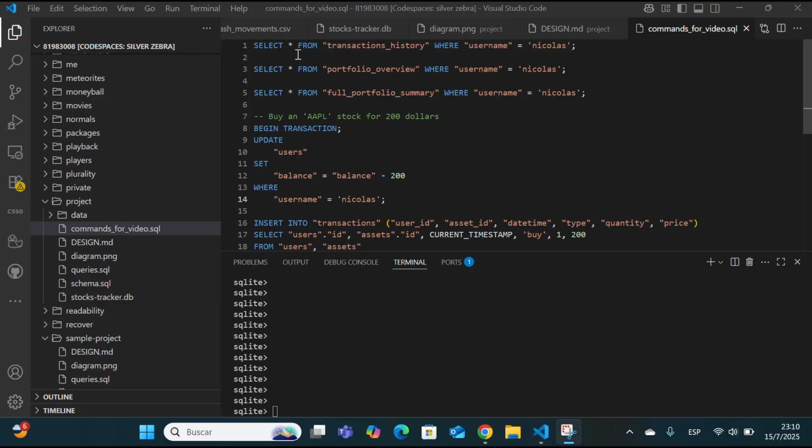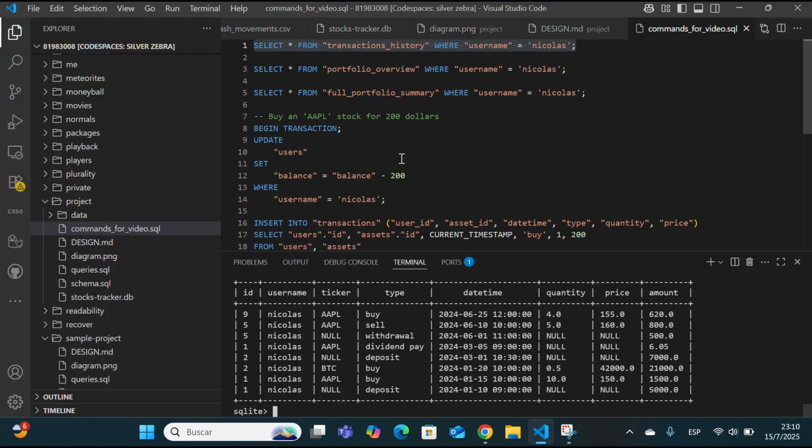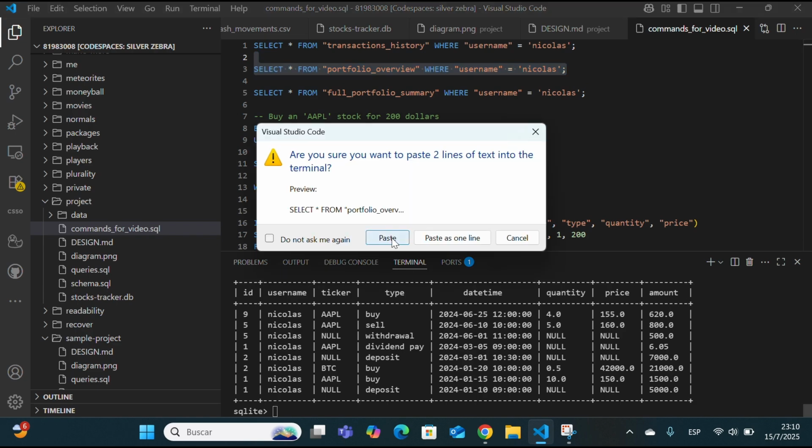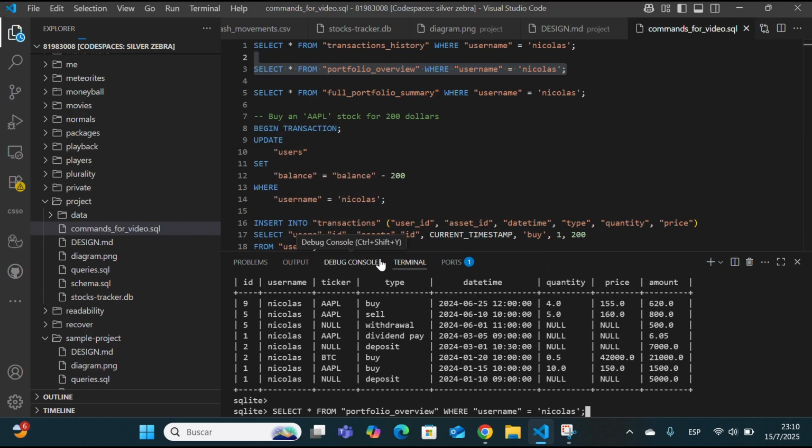Going to VS Code, there are some commands which could be useful to see for the project. One is the transaction history of a user. There could be some portfolio view for a user, which has all the stocks of a user.